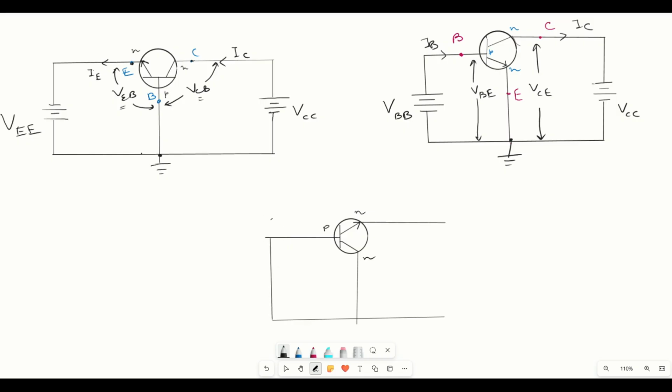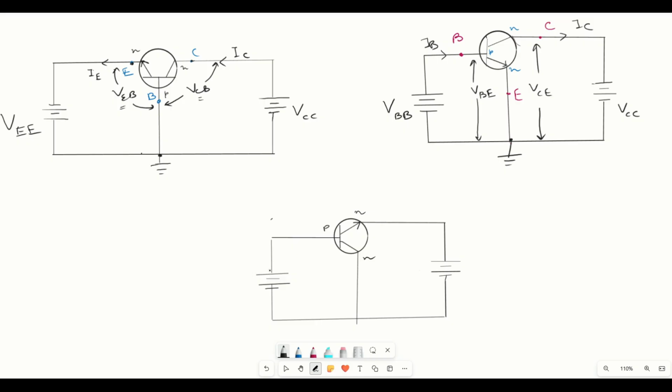So if we connect the supply, then we have here P terminal. So this should be positive. Then across the output, we have N terminal. So this should also be positive because we are providing reverse bias across the output.